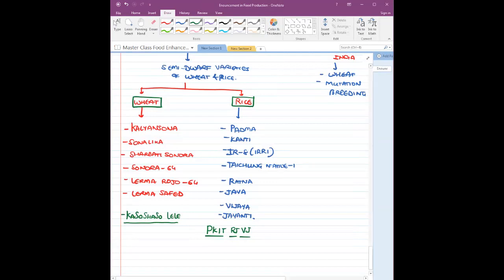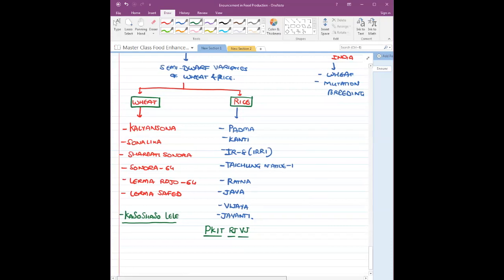You need to remember who is who. I don't want to waste your memory space. Make short acronyms, stick to them, and whenever the question comes, just go back to the acronym, see whether it is there or not, and write the answer. Don't mug this up, guys, because this is really going to be confusing later on.